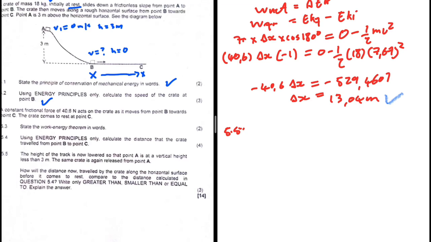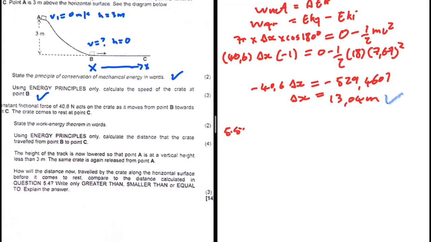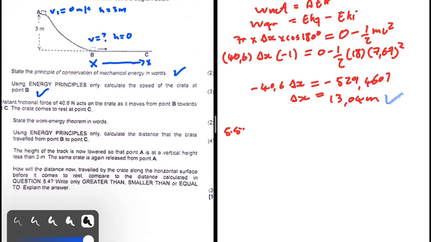Okay, that's fine. So 5.5: the height of the track is now lowered so that point A is at a vertical height less than 3 meters. The same crate is again released from point A. How will the distance now traveled by the crate along the horizontal surface before it comes to rest compare to that calculated in 5.4?